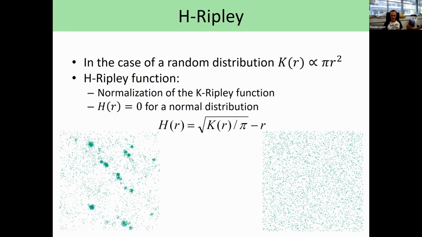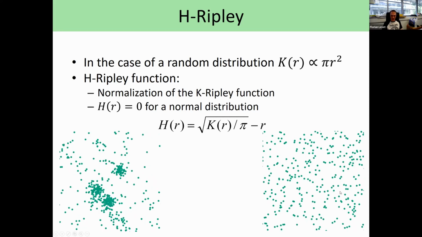So here I will show a short animation so that you better understand how it works. You have here a dataset with some clusters, and here you have a random distribution of the molecules. If we go to this small region, what you are going to do is define an iteratively growing radius R in order to do your computation and compute the H curve.